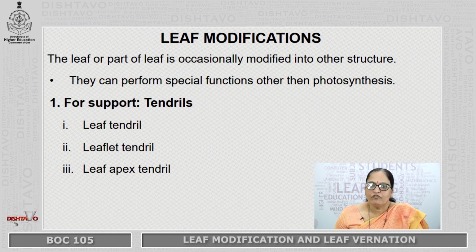The leaf modifications are of different purposes. The first one is for support, and when the leaf gets modified for the purpose of support, they are called tendrils. In the tendrils, you have variations.